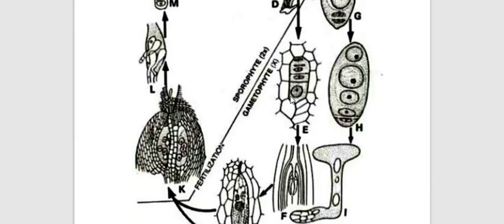This megaspore germinates and produces the female gametophyte, and this female gametophyte then produces the archegonia inside it towards the micropylar end. 1 to 3 archegonia are produced, and above these archegonia, the nucellus tissue disintegrates.